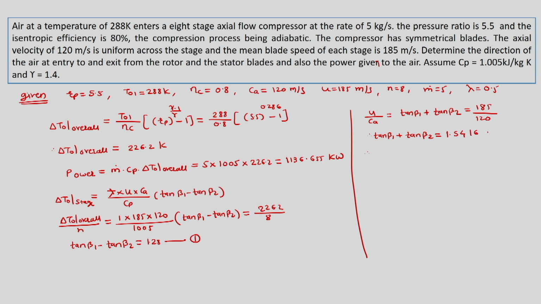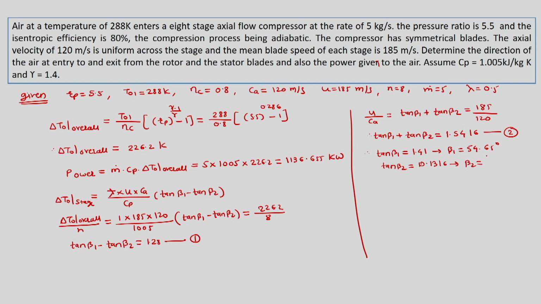So we can solve equation number 1 and equation number 2 simultaneously, so that we can get tan beta 1 is equal to 1.41, and this gives us beta 1 is equal to 54.65 degree, and tan beta 2 is 0.1316.